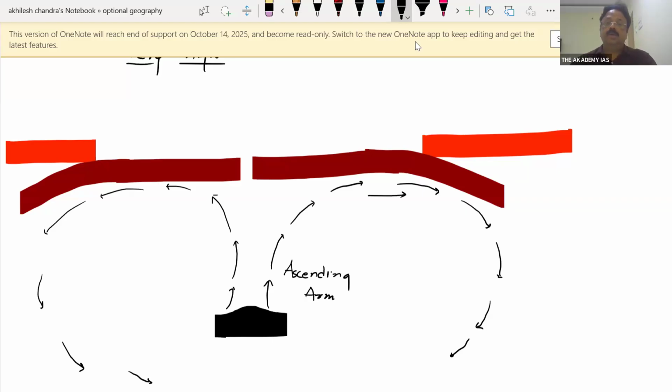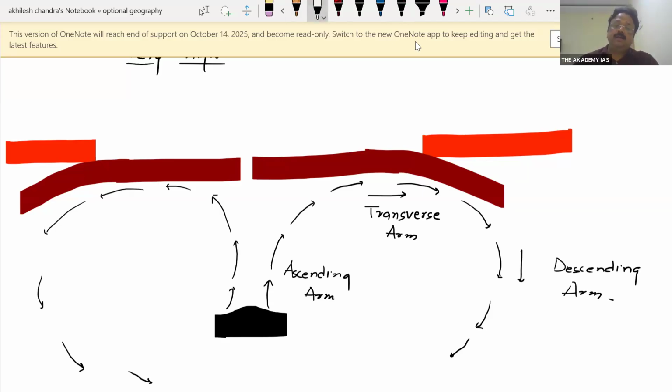This one is the transverse arm, and here it is the descending arm.